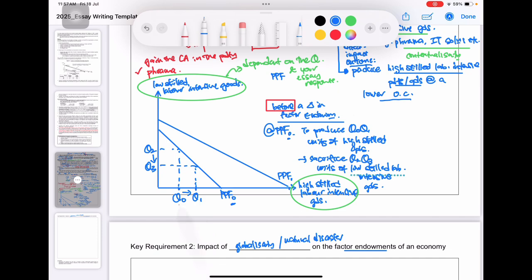This is your fixed factor because we just want to see that there is a change. The purpose of this analysis is to see the change in the amount of opportunity cost incurred. As you can see, I'm squeezing everything towards the right side. Then we want to look at after.